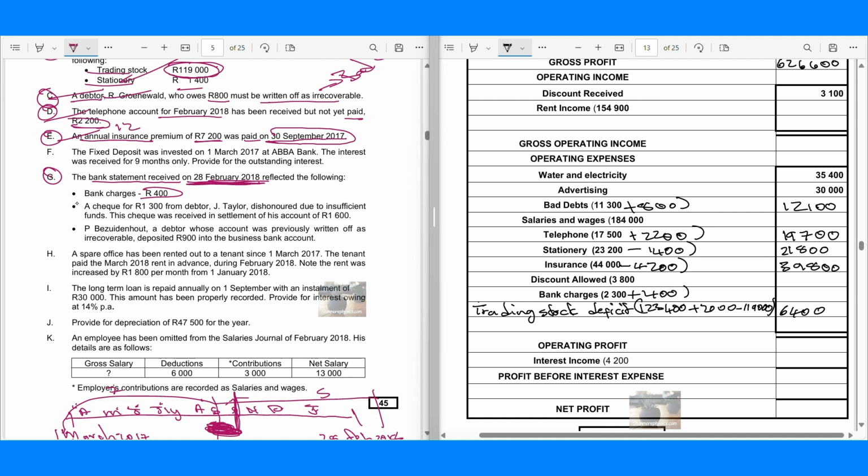Then what are they saying? A check, meaning we are going to say EFT, we are no longer using checks. An EFT of 13,000 from a debtor, J. Taylor, dishonored due to insufficient funds. So when they are saying dishonored EFT or dishonored check, it means you were trying to pay me 200 while you are owing me 5,000.